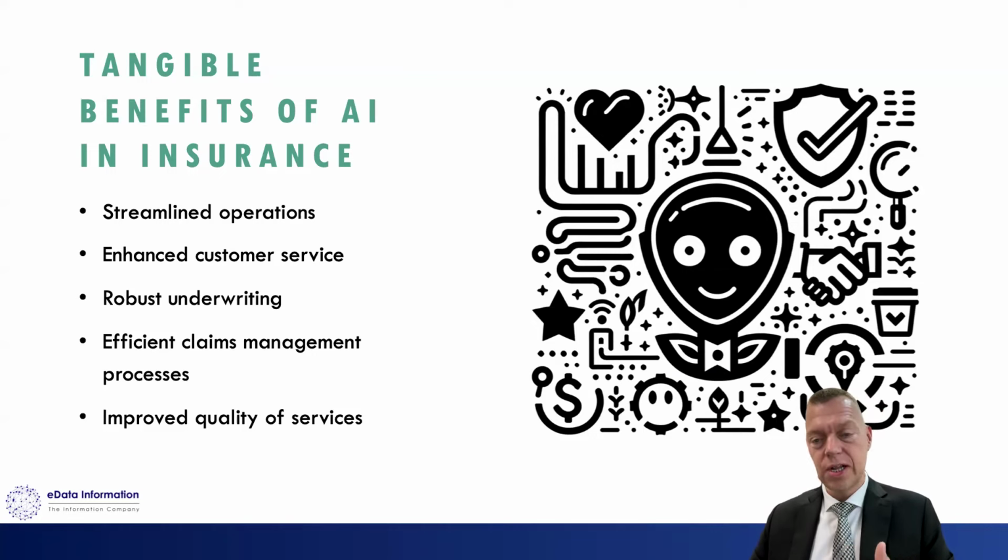Your customer service can be embedded into your operations. Your underwriting models could be improved. Your claims management processes can be improved. And of course, in general, your quality of service can improve. So I'm not going to delve into this, but these are proven cases. This is what happens when you start applying AI to your insurance model.